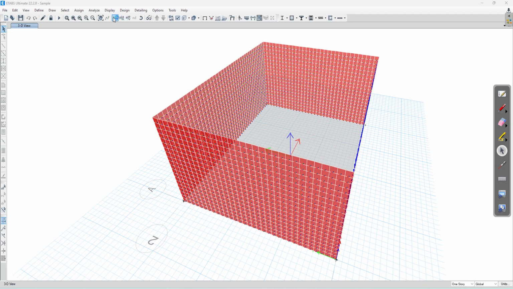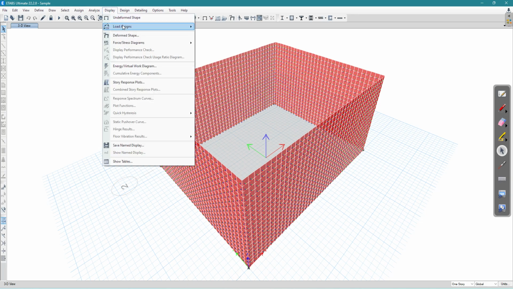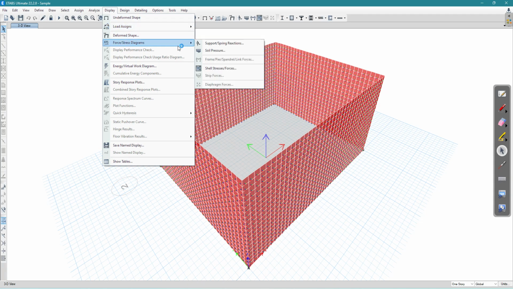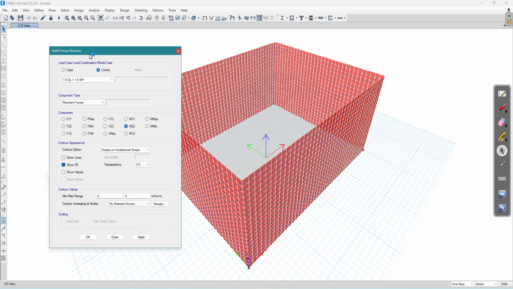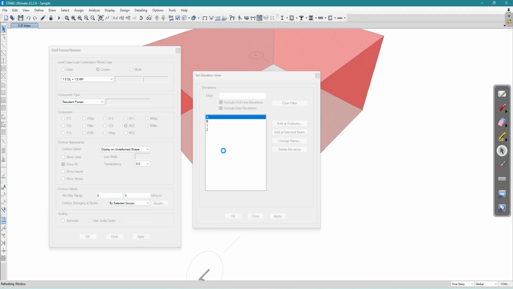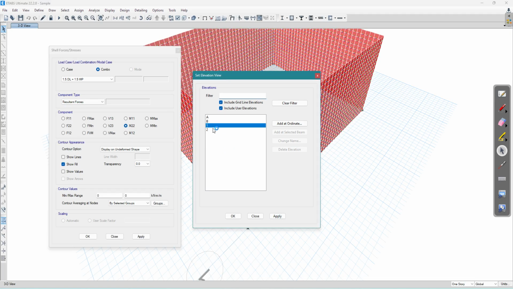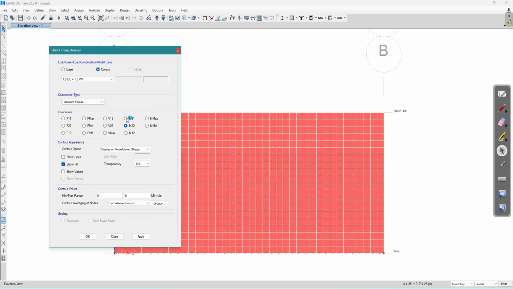So here first you need to understand M11 and M22. Go to display, force, bar stress diagram, shell stresses, bar force. Select your long wall and take any elevation. For long walls, the elevation will be 1 or 2. See here, you have M11 and M22.